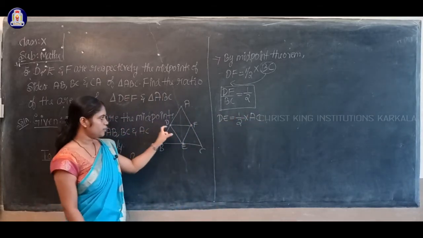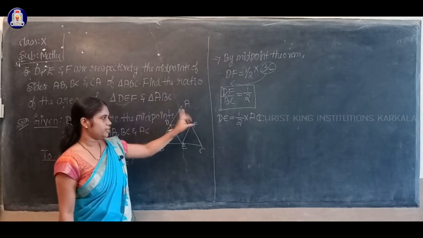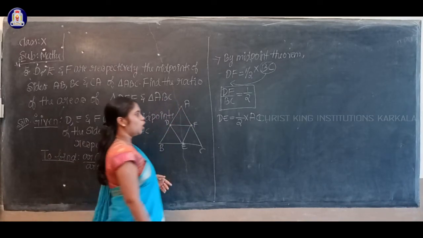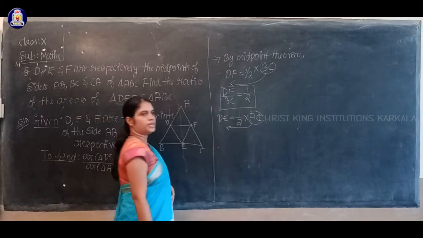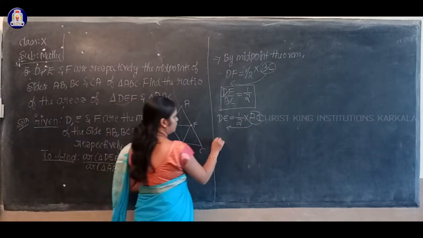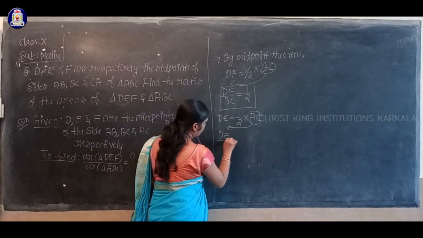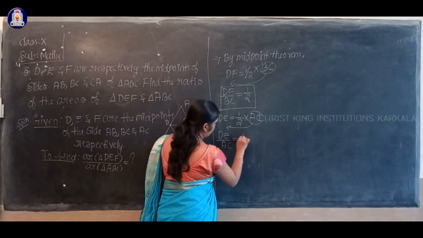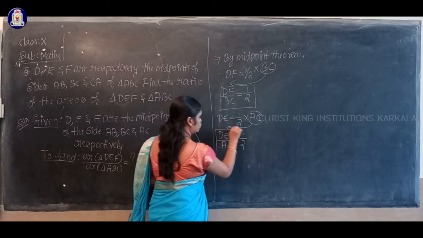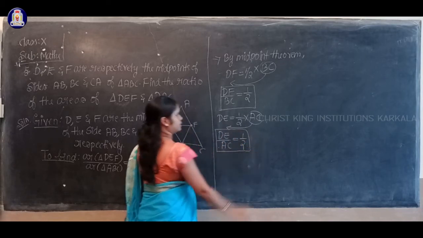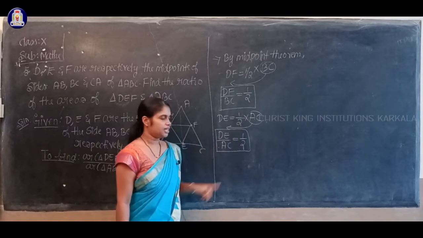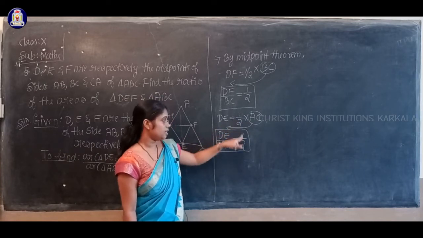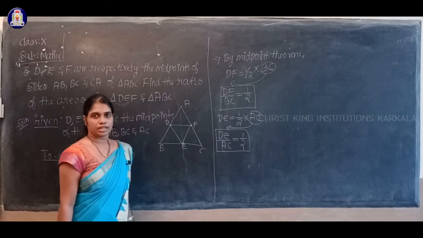Now I will shift this AC to the denominator. What will it become? DE by AC equal to 1 by 2. So one more result I will get here. I shift AC to the denominator so that on the right hand side only 1 by 2 remains.